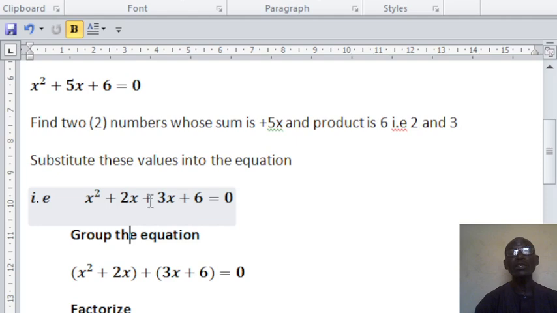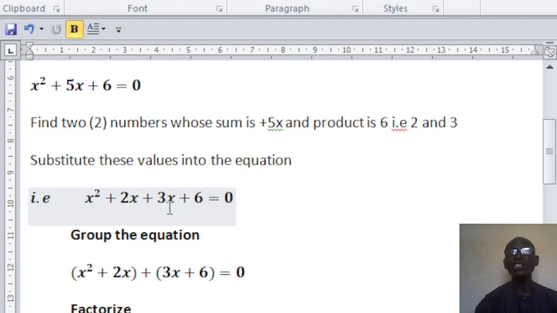They neither change nor diminish the value of this equation. It's just as if writing 5x in another form. Instead of having 5x, we have 2x plus 3x. If you add them together, you still get your 5x here. And if you multiply these two numbers, you get your constant value here, all equating to 0.